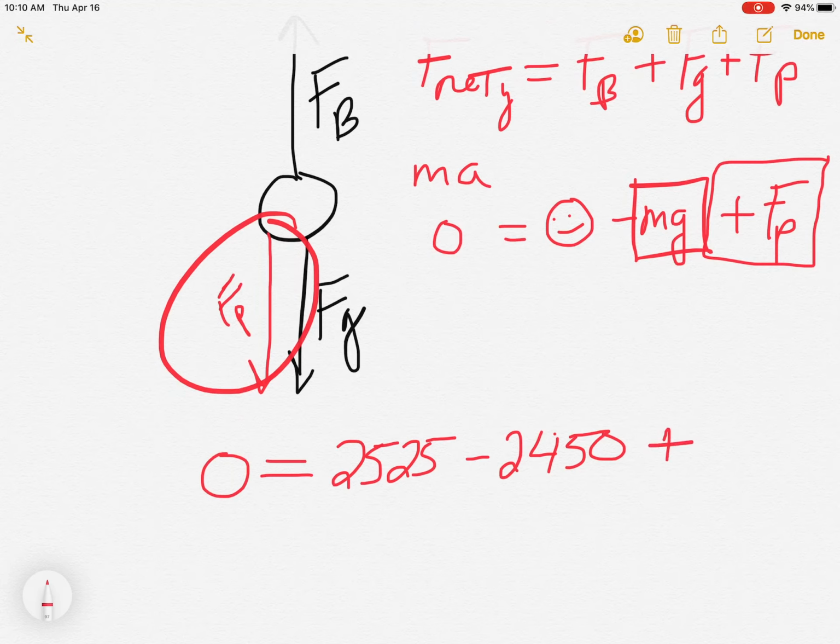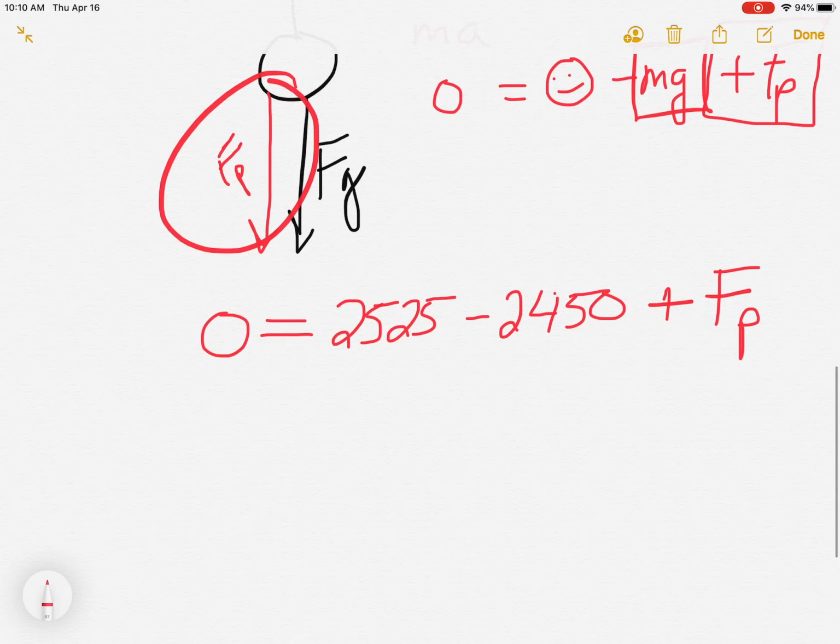So minus 2450. And then we have the force of pulling, which I'm leaving as a plus because I don't have a number for it. Because you can see what's going to happen. When you subtract these two numbers, the 2525 and the 2450, you're going to get a relatively small number of 75.